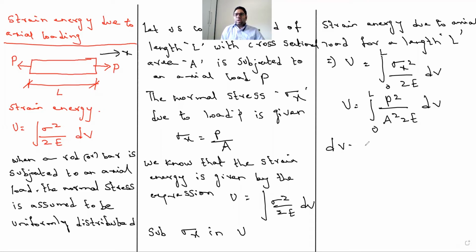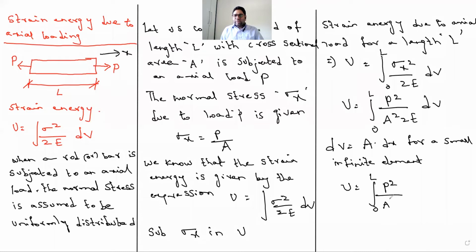So dV is equal to A into dx for a small infinitesimal element. Now, U is equal to integral 0 to L of P square by A square into 2E into A into dx.